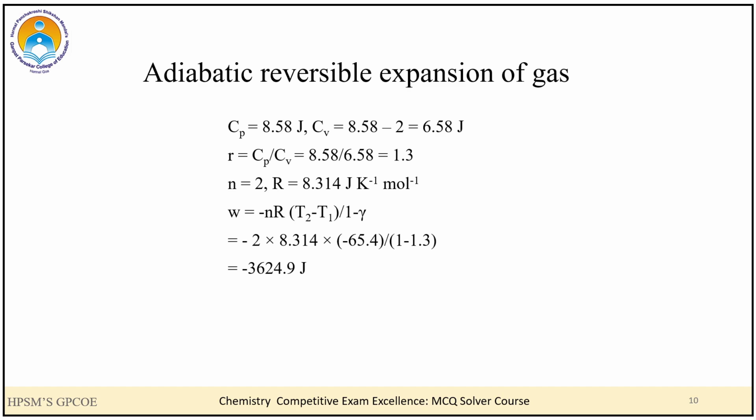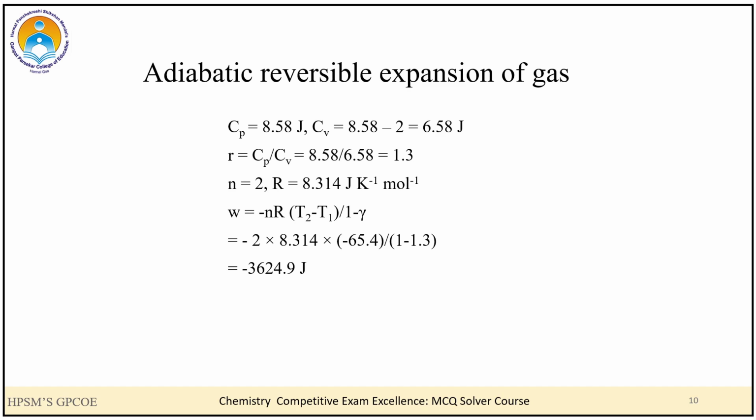Cp, that is the heat capacity at constant pressure, is given a value of 8.58 joules. Cv, the heat capacity at constant volume, has a value of 8.58 minus 2, which comes to 6.58 joules. Gamma is equal to Cp upon Cv. If we substitute the values of 8.58 and 6.58 in this expression, we get a value of gamma as 1.3.